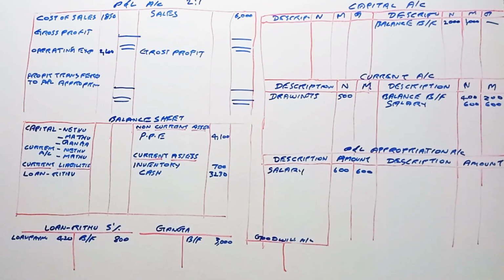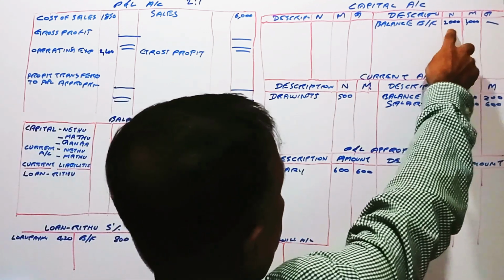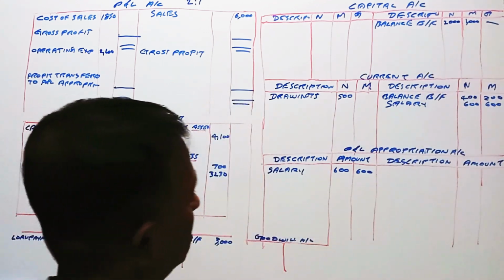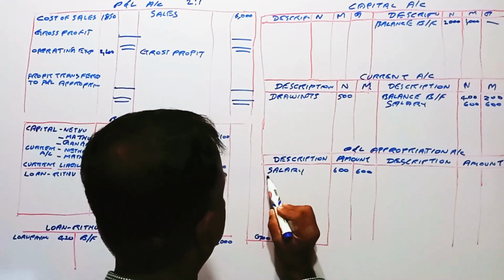Thereafter, they say each partner is entitled to an annual interest of 10% on the opening capital balance of the year. The opening capital balance is 2,000,000 and 1,000,000, and that is 10% interest on capital.